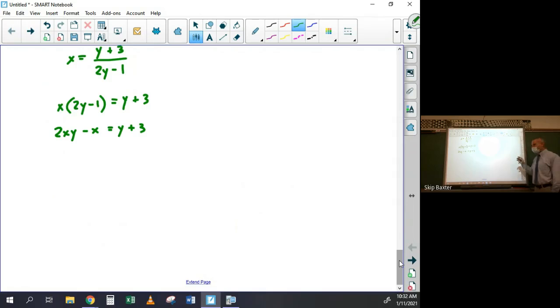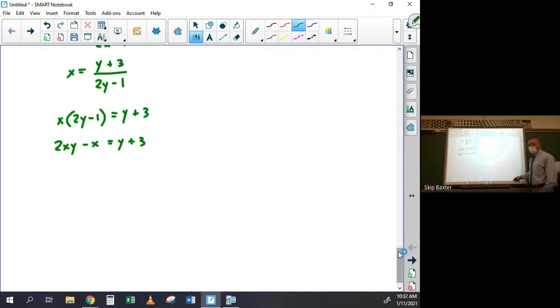There's a little bit of an algebra trick involved here. What you could do is get the y's on both sides, 2xy minus y, and get everything that doesn't have a y in it on the other side, and then take out a y. Because our goal is to get a single y. So now we can get a single y by factoring out a y.